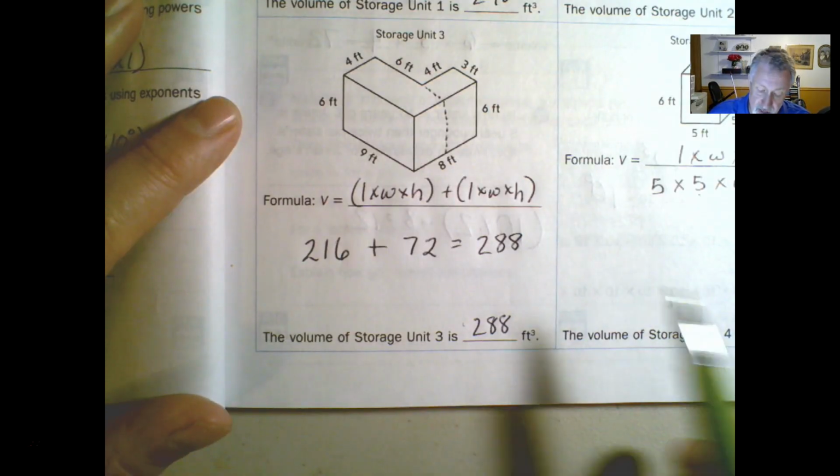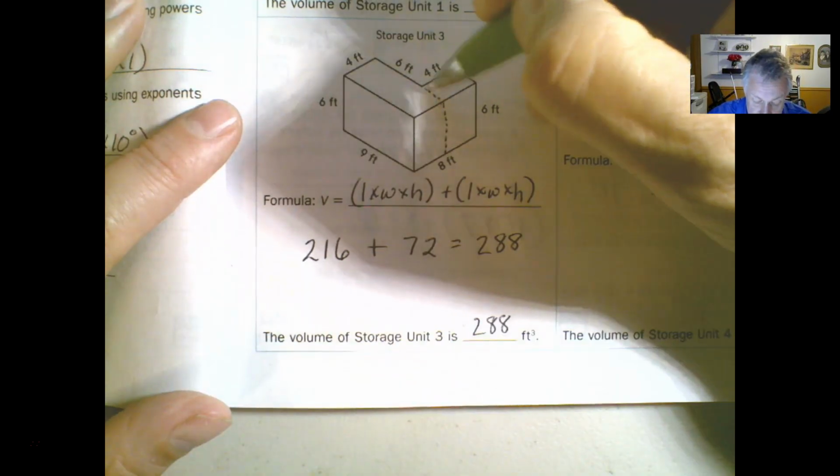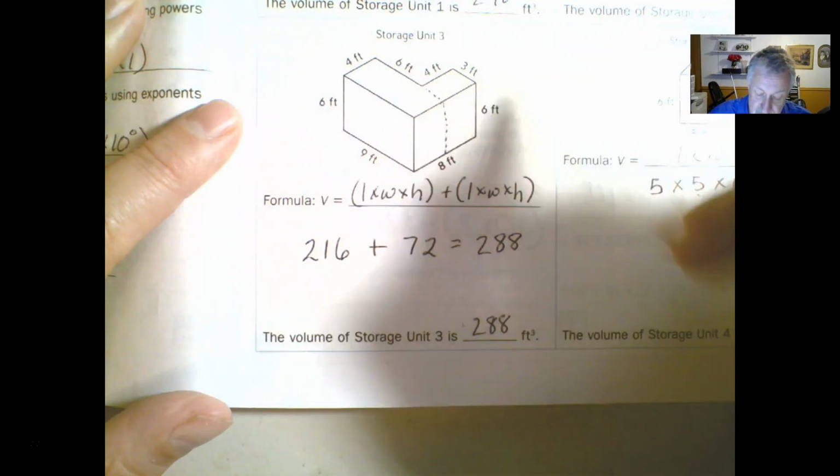Number 3 is an odd-shaped unit, okay, but remember, we can break it down into 2 rectangular prisms.